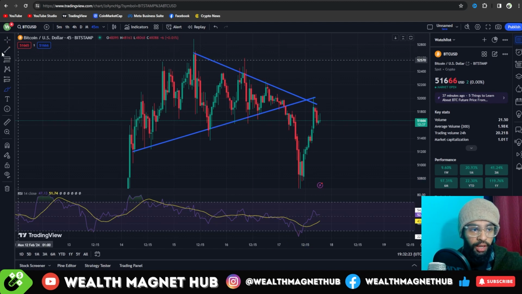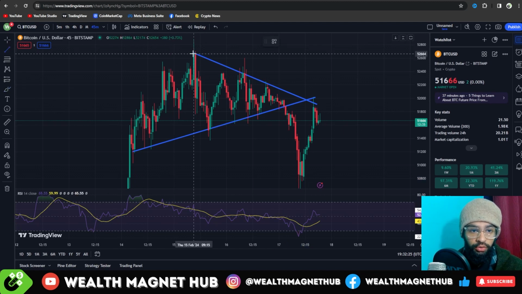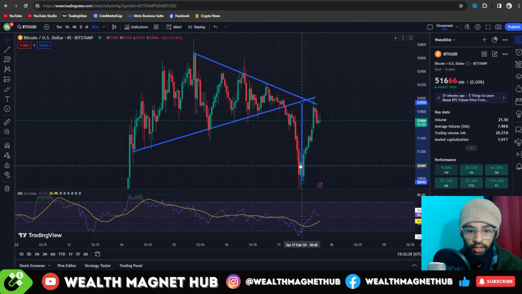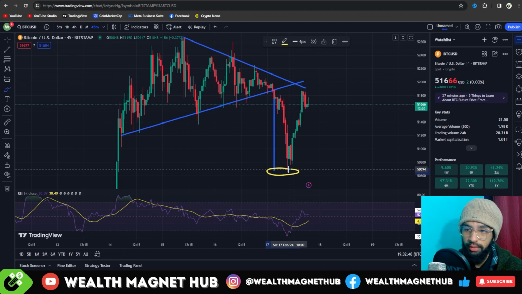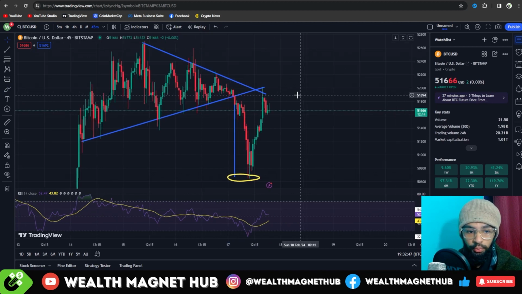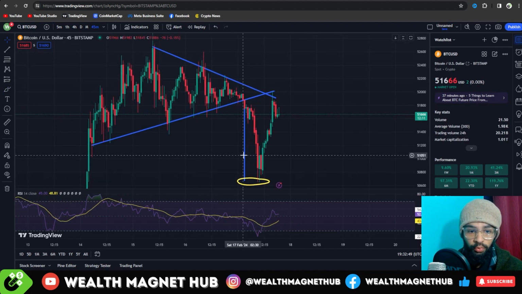If we take a look at this line right here, this would be our price target, and that's exactly what we saw after this breakout had happened. We did hit this technical price target, and we are coming back from that. We did hit the high once again, and we are on our way back, moving upwards.